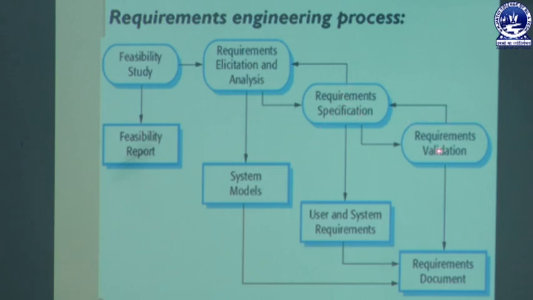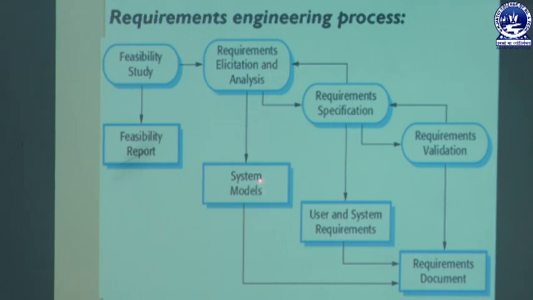If in the requirement validation we find that we have mentioned some other functionalities but our customer does not want that, or some of the specification has been omitted, then we can go back to the requirement specification. Here we have to correct that, then we will go back to requirement elicitation and analysis. Then here also we have to correct that, and after the correction what will we get?